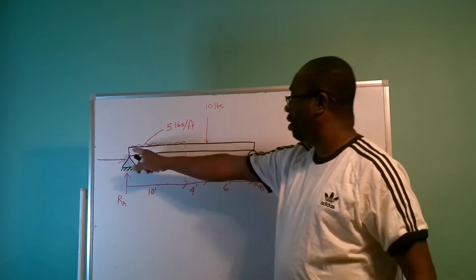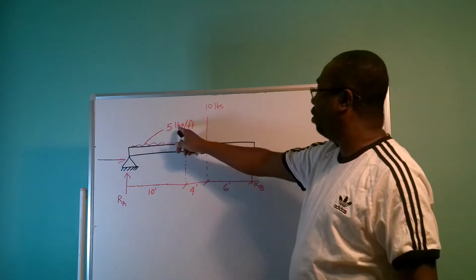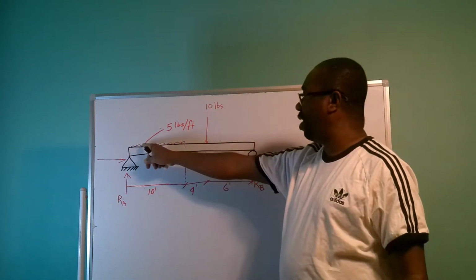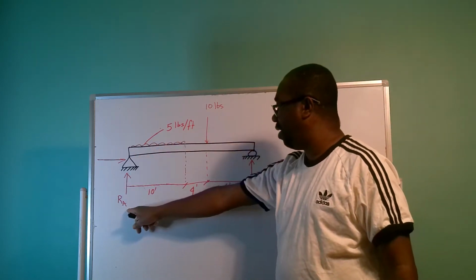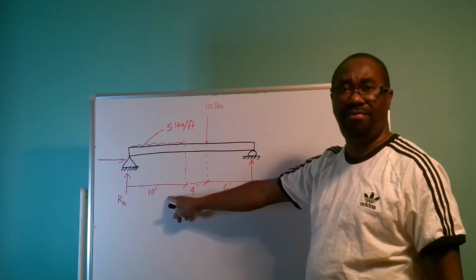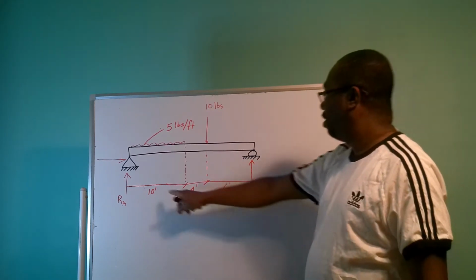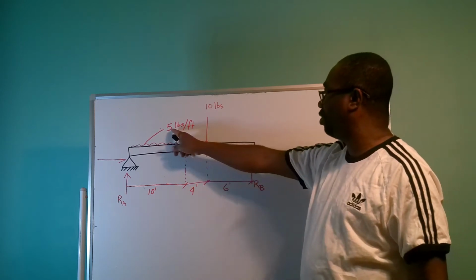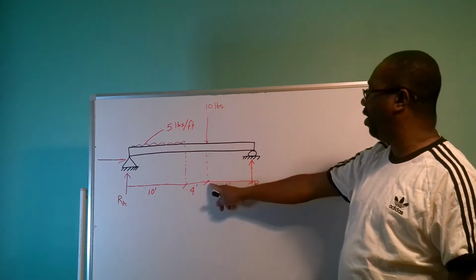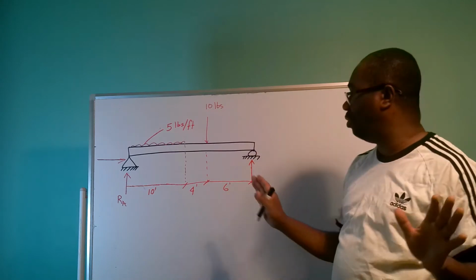So the beam has a 5 pounds per foot uniform distributed load from the reaction at RA spanning 10 feet. And 4 feet away from the uniform distributed load here is a point load of 10 pounds.